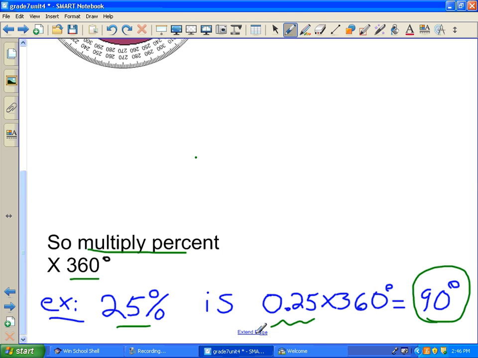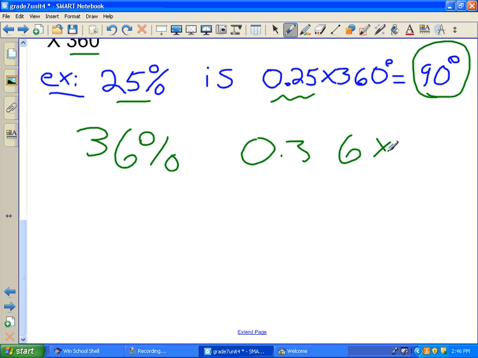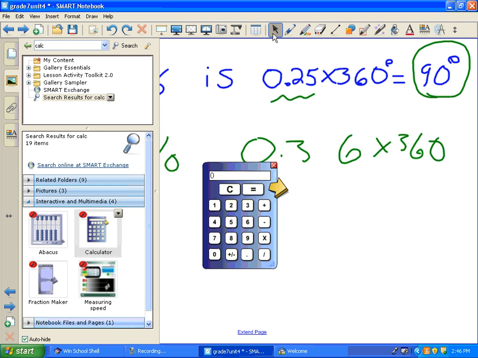Okay? So if we were given, let me see, 36%, and we wanted to write that as a certain amount of degrees, we'd go 0.36 times 360, and when we work that out, let's see what we get.